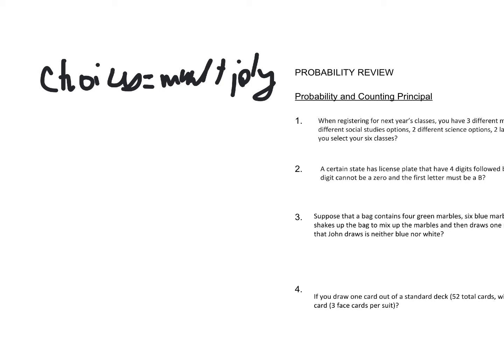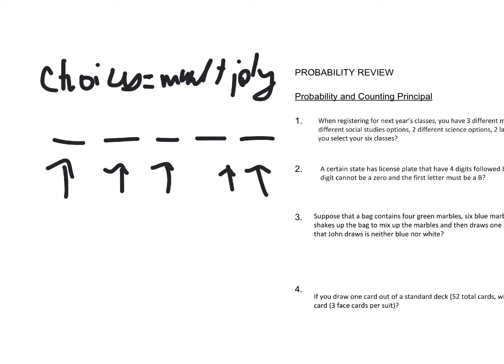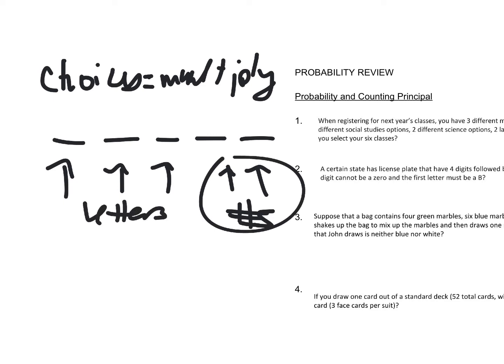So I'll give you another one that involves choices of a spot on a license plate. This is a really typical question on a test. Let's say these 3 are letters and these 2 are numbers. Numbers, letters. Make yourself that little picture right there.